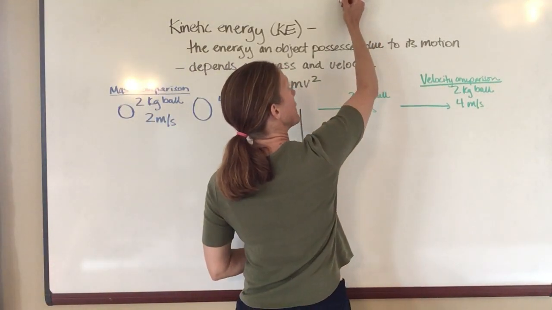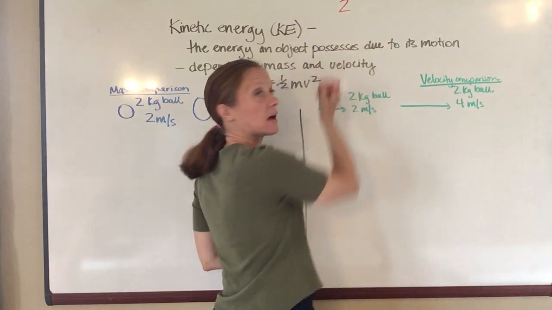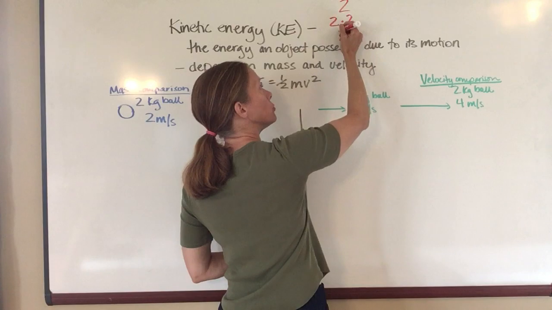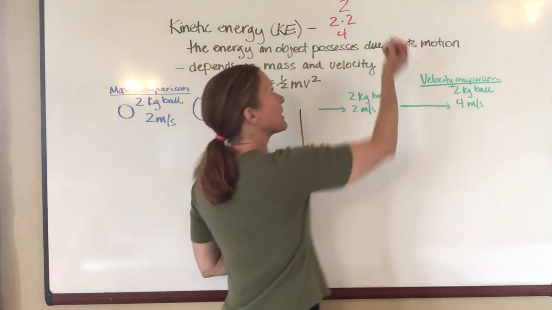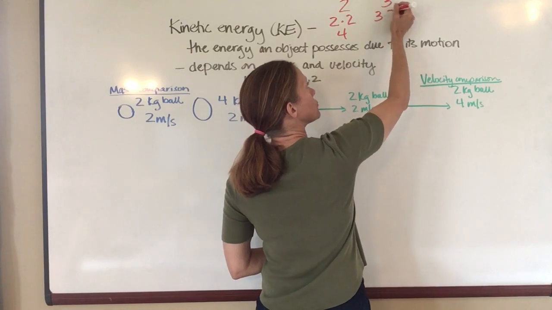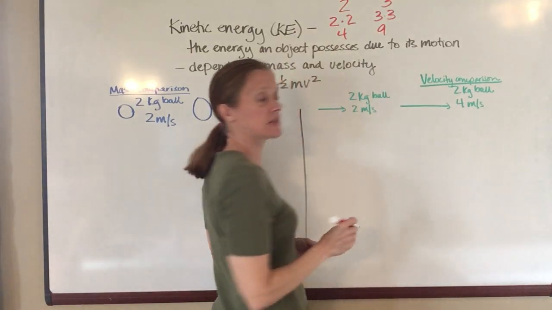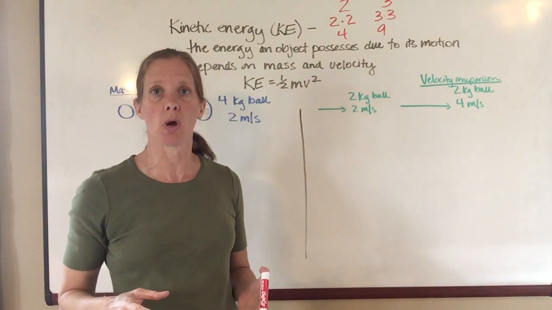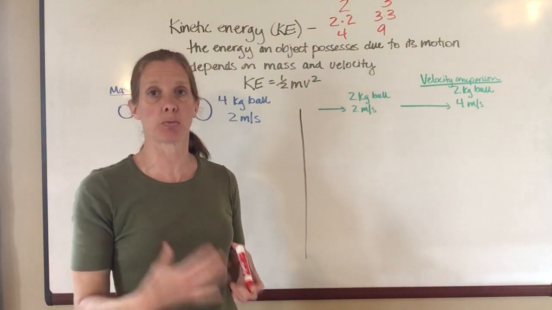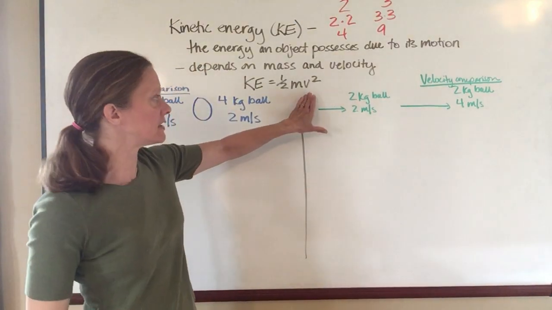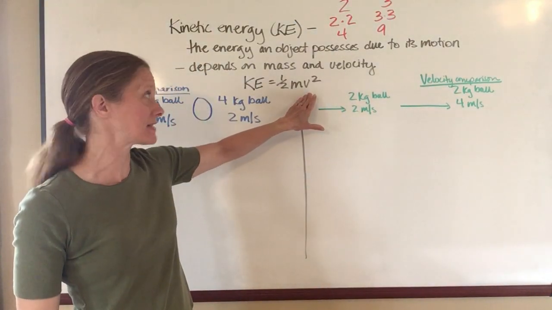If I have the number 2 and I square it, what that means is I'm taking 2 times 2, which will give me 4. If I have the number 3 and I square it, that's 3 times 3, which is the same as 9. So squaring just means that you're going to take a number and multiply it times itself. So I'm going to take whatever the velocity is and multiply it times itself.